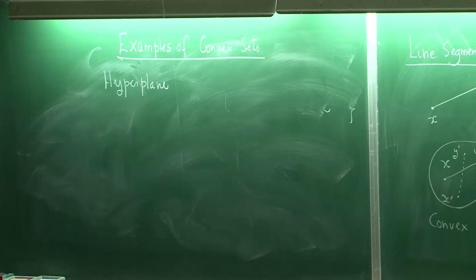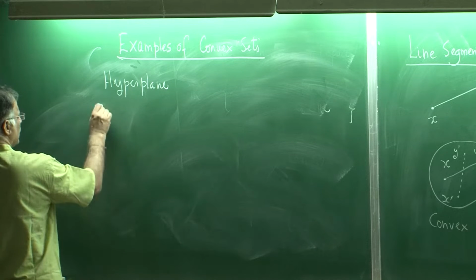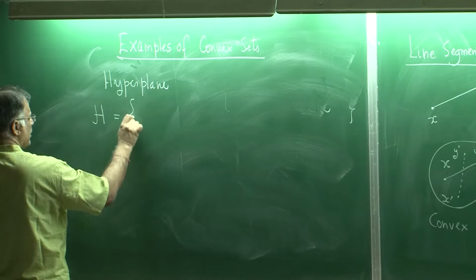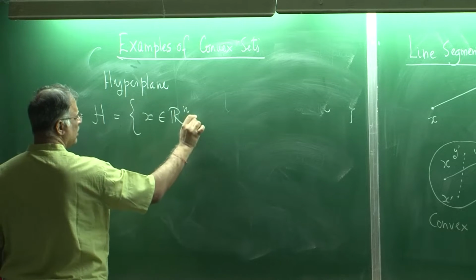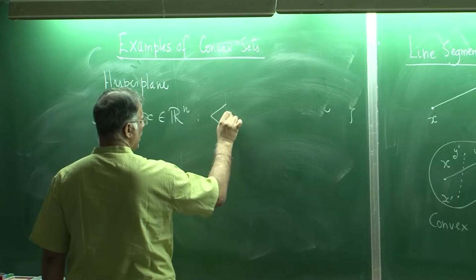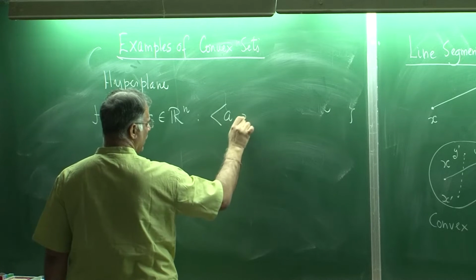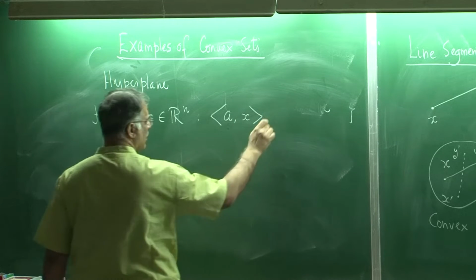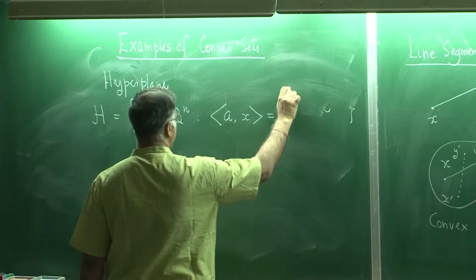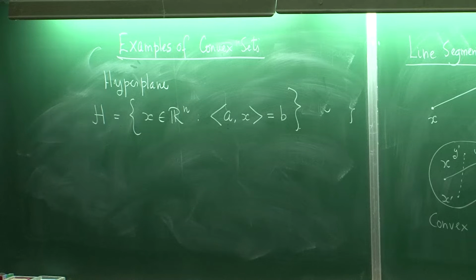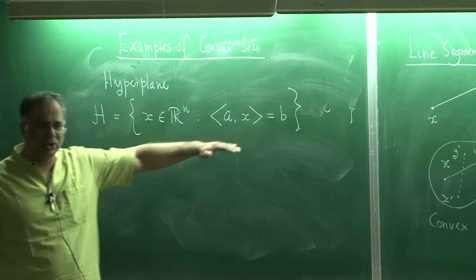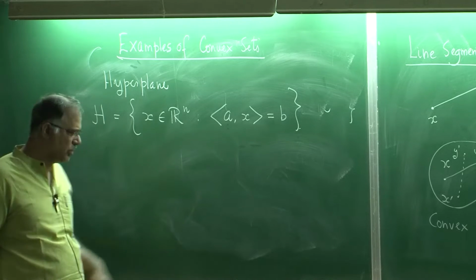So, we will just write down the definition. The hyperplane H consists of all x in Rn such that the inner product of a given vector A with x, so A is fixed, is equal to some B. The inner product is the same as the dot product.